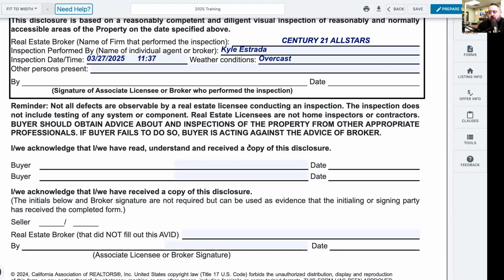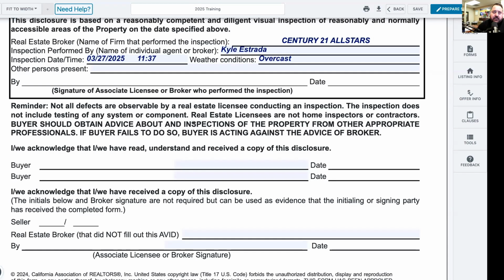Yeah, I mean, it's not required because this disclosure is solely for the buyers. So it's not required that the seller has a copy. Do I believe that you should be giving a copy and that it should be acknowledged that your seller saw this also? Absolutely. Yeah, absolutely. Thanks. You're welcome. Okay, any other questions about the AVID?